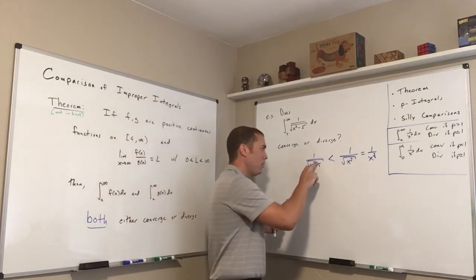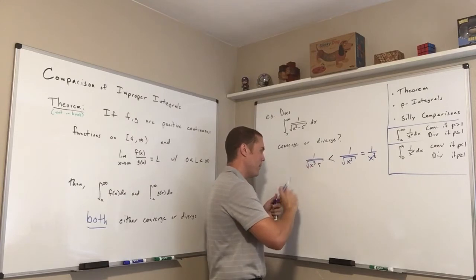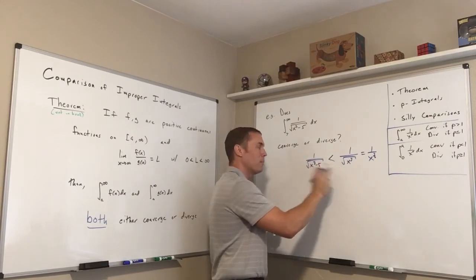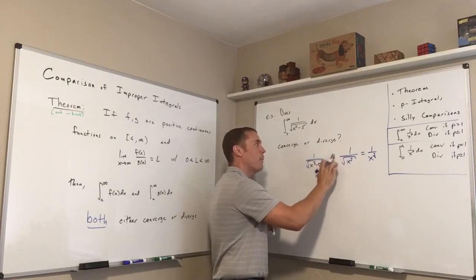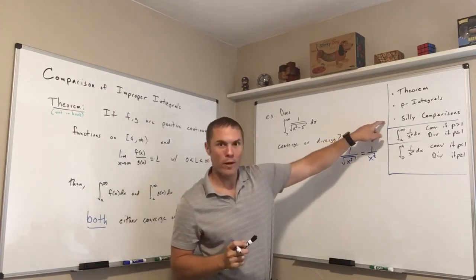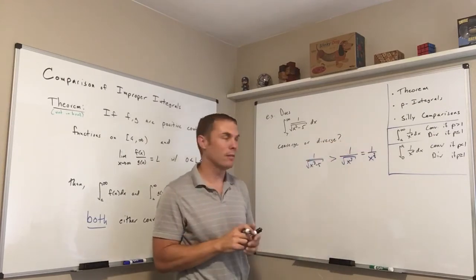But if I come through and make this example as it stands here and make this a minus, this bottom is now bigger than that, this bottom is now smaller than that bottom. I would flip this around. And this leads into the idea of the third point, which I was discussing, silly comparisons.